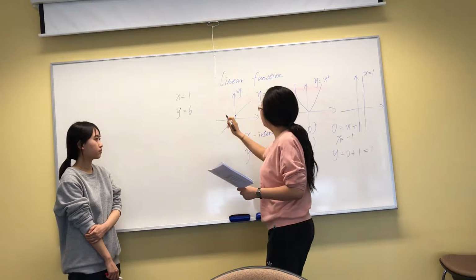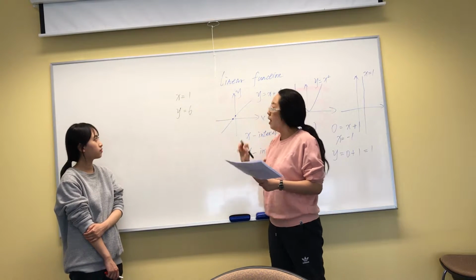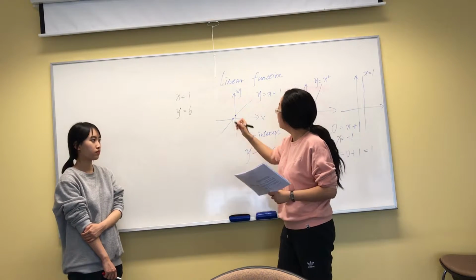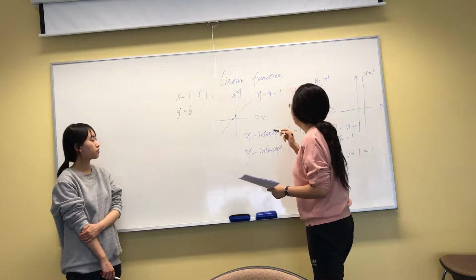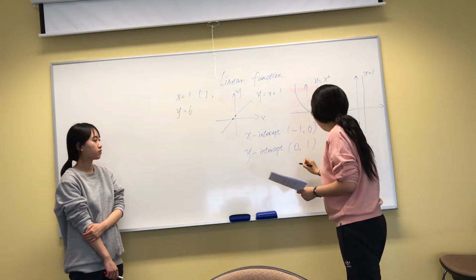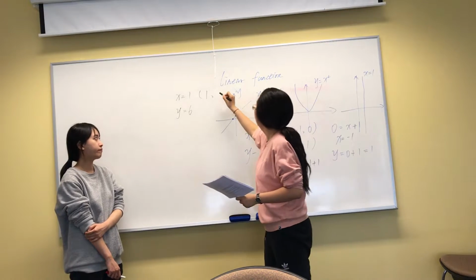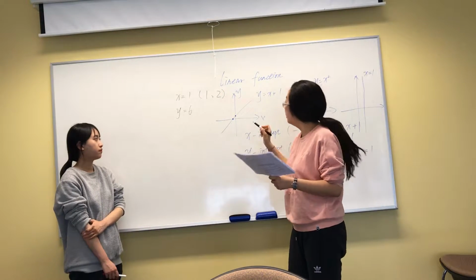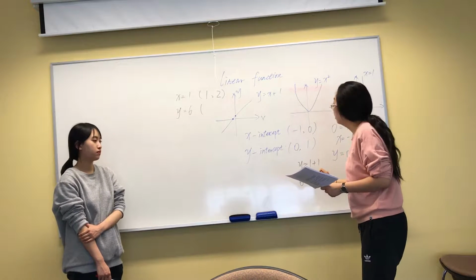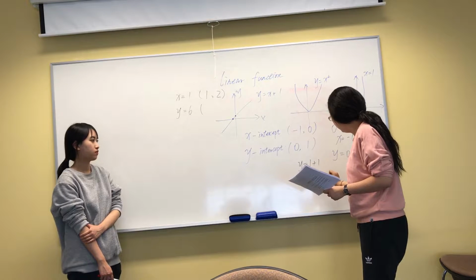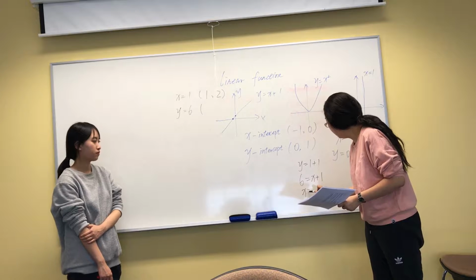Okay, so for the first one, x equals 1 here. So what's the point where x equals 1? When x equals 1, y should be 1 plus 1, which is 2, right? And when y equals 6, what does x equal? x equals 5.